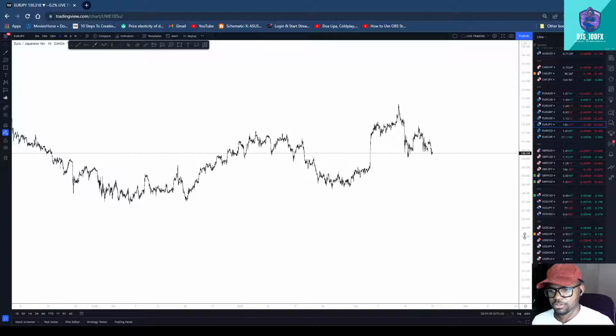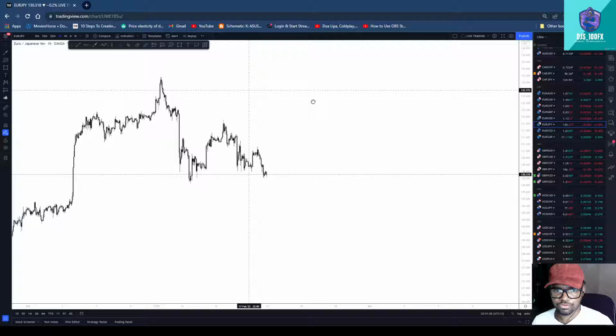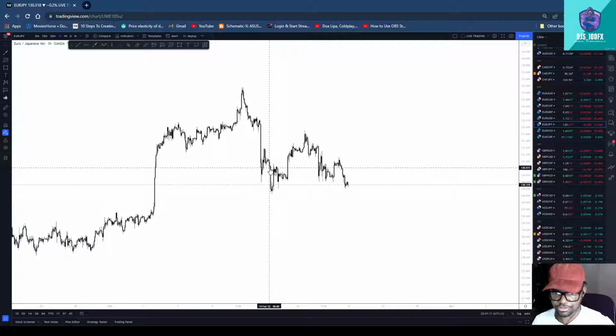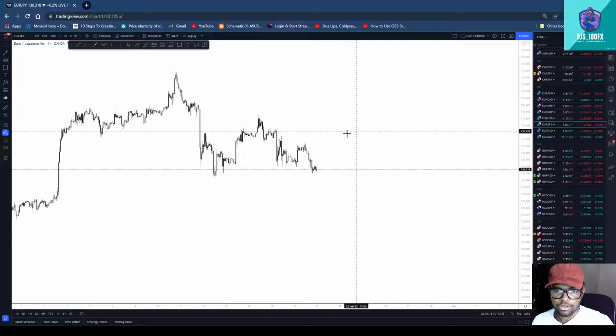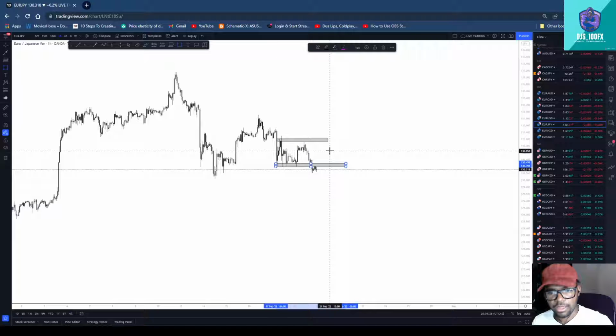So price made this impulsive move, and then this impulsive move downwards, which indicates selling pressure. Now price is at a level where it could break resistance or support, which has broken the support.